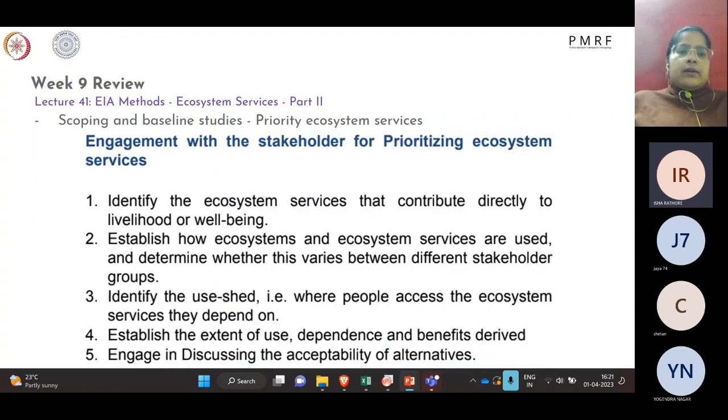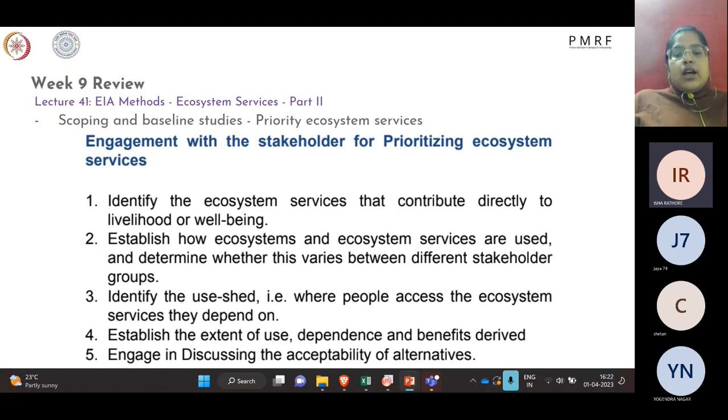So for doing the engagements with these stakeholders, you identify the ecosystem services that contribute directly to their livelihood or well-being, and then you establish how these ecosystem services are used and determine whether different stakeholders use these services in different ways. Then you identify the use shed, that is where people access the ecosystem service that they depend on.